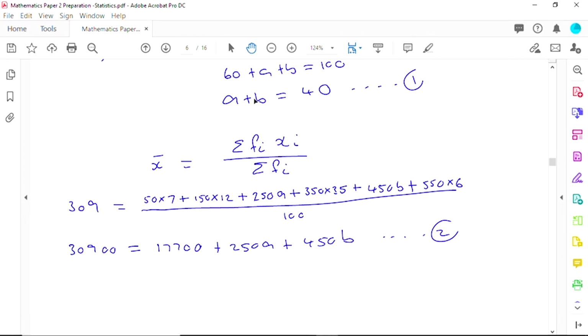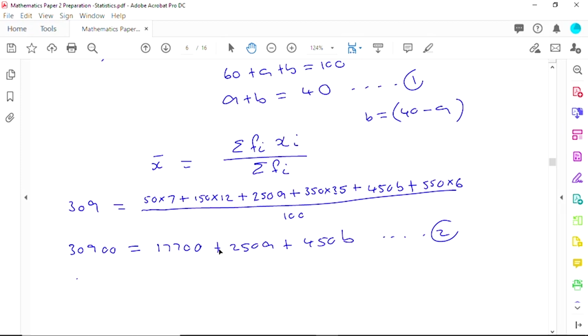Now from the first equation, we can take B to the right hand side, so that A is 40 minus B. So what I want to do is, in equation 2, replace A with this value, 40 minus B. So we have 30900 minus 17,700.